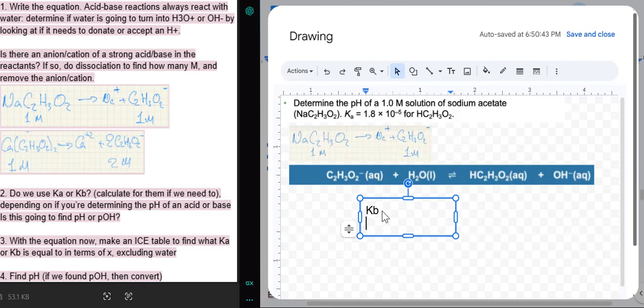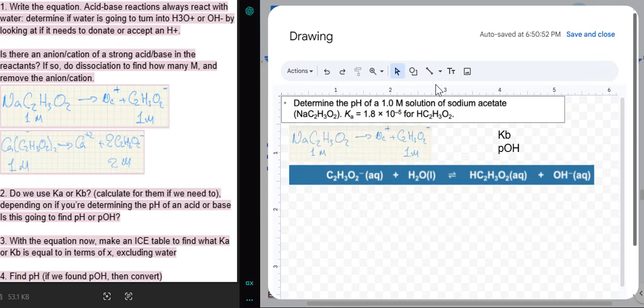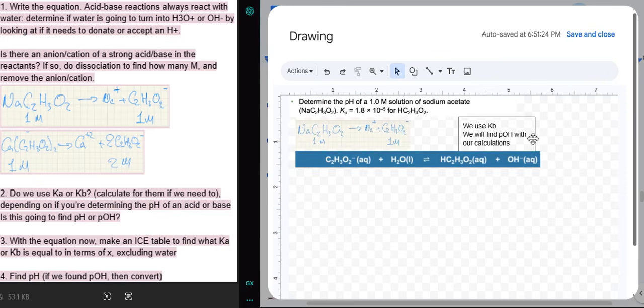And that means we're finding pOH, or the calculations will make us find pOH. So, like that. So now we're done with the second step.